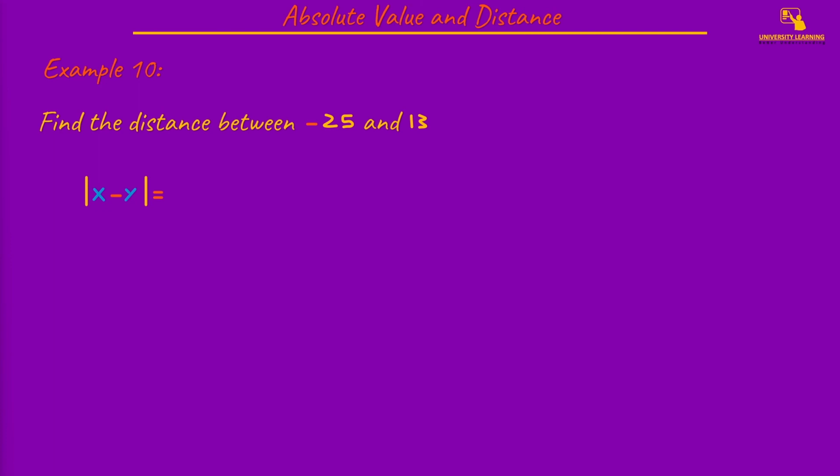We are going to substitute them. The absolute value of x, which is negative 25, minus, from the rule, and y will be 13. It will be equal to the absolute value of negative 38, which is equal to 38. And this is the distance between these two numbers. It will be 38 units.